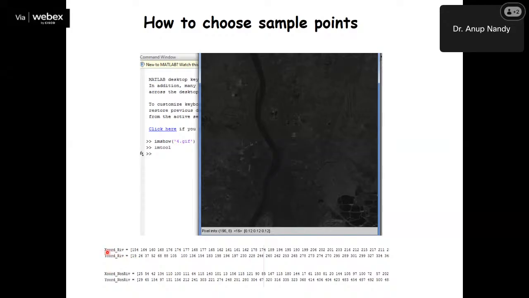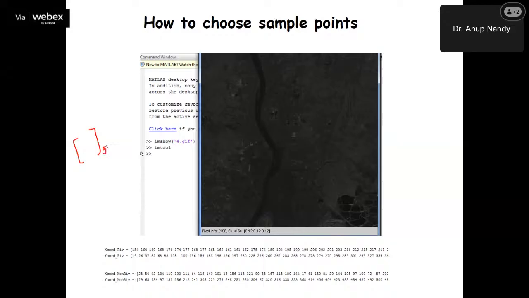Now I am going to choose this x coordinate of the river. This is not an intensity value. Here you are going to get an image. How many points are you going to choose? 50. Now what is the size of the feature vector?